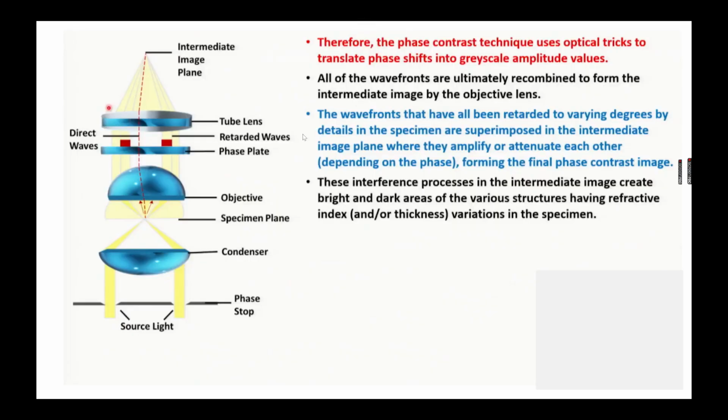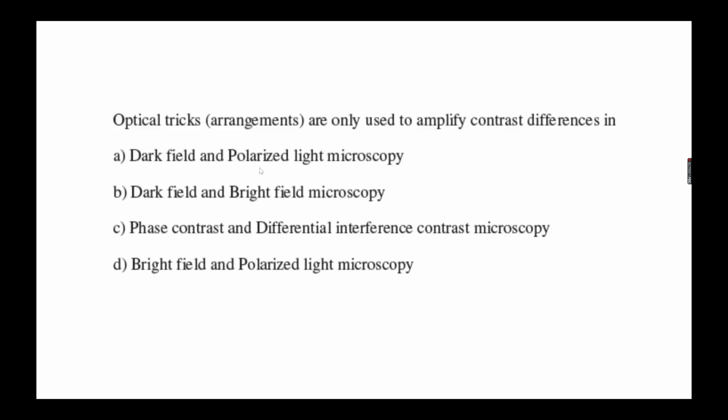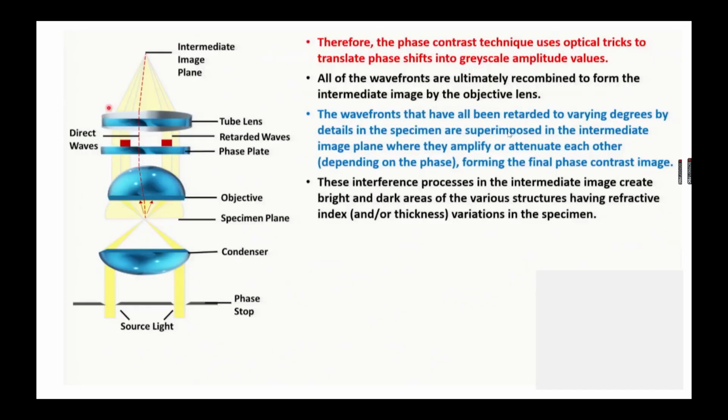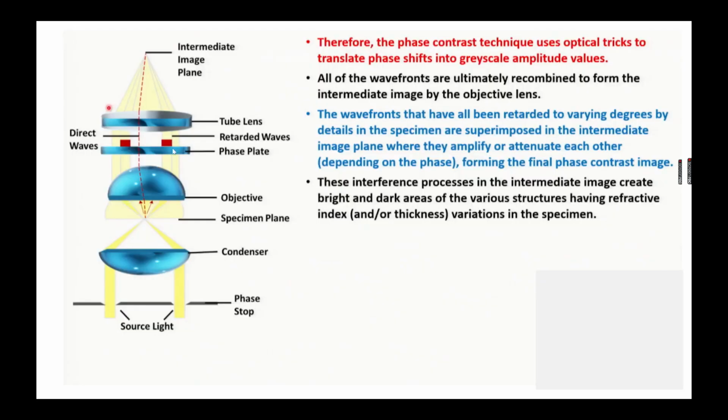Okay, this is asking about the optical arrangement that amplifies the contrast difference. The answer will be phase contrast microscopy. This is the setup of the phase contrast microscope. The phase contrast technique uses optical tricks to translate phase shift into grayscale amplitude values.